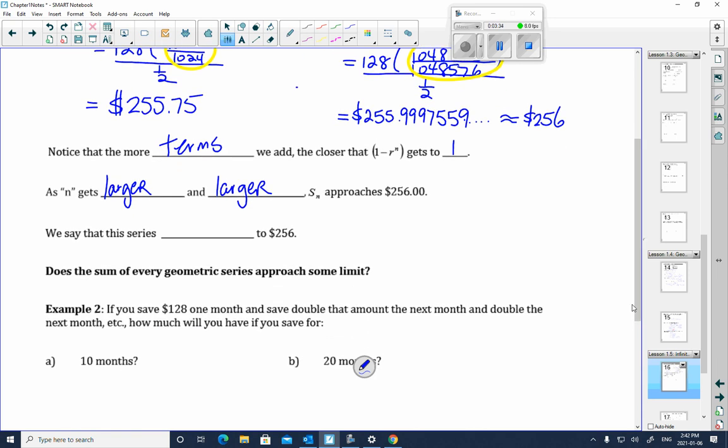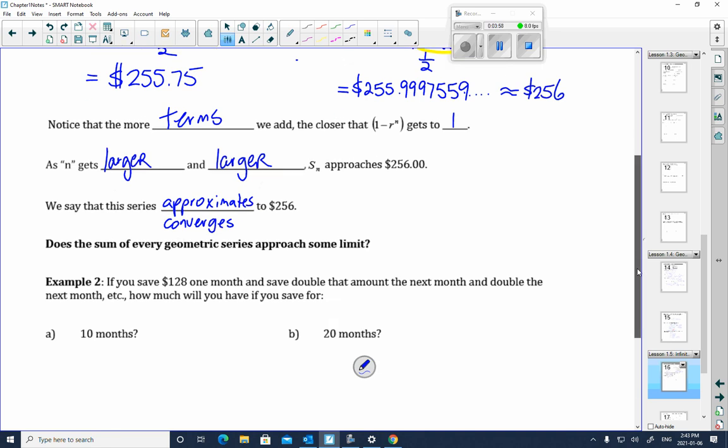We say that the series approaches or converges to 256. Does that mean that the sum of every geometric series approaches some limit like that, where basically you are multiplying by 1 every single time?